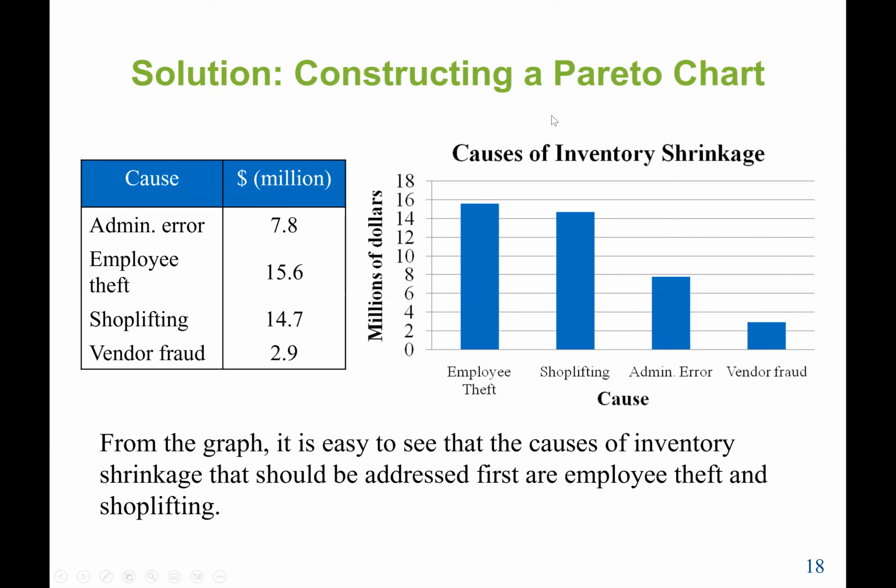So we can see that with the Pareto chart, employee theft comes first because that is the highest loss. Then next will be shoplifting, 14.7. Then vendor fraud will be last, the lowest. Administrative error is third. Now, if we like, we can also come up with the relative frequency first.